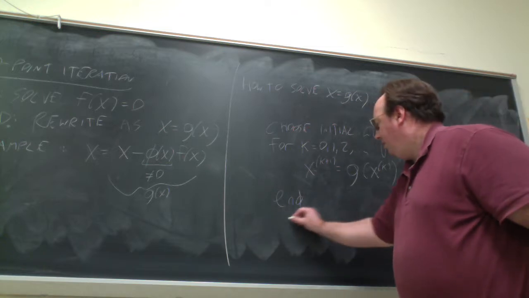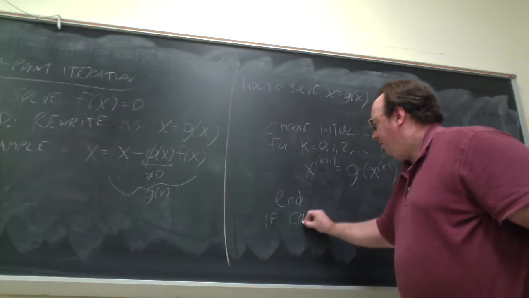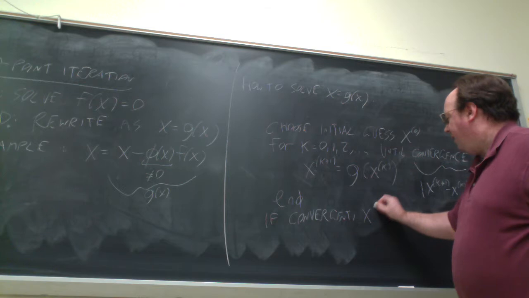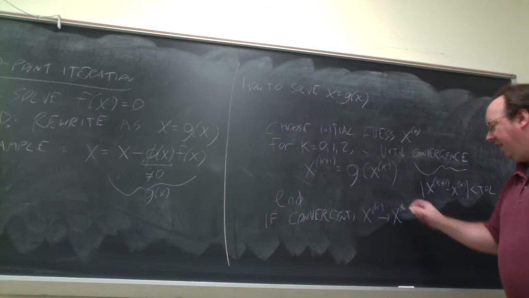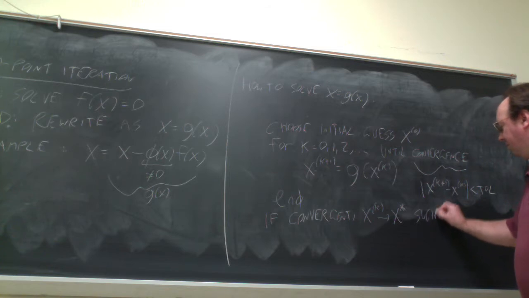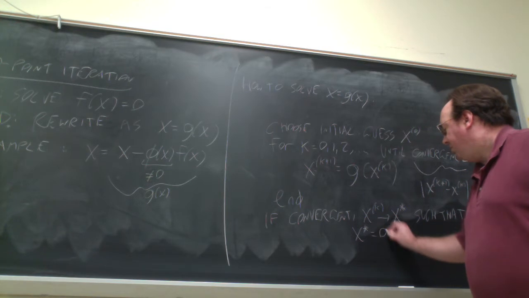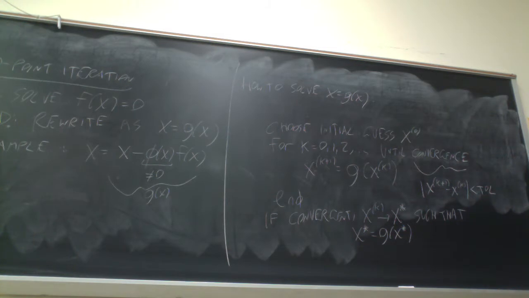So what we can say here is, if this algorithm is convergent, then xk is converging to a limit which, as I have been doing, I'll call x star, such that x star is equal to g of x star. So a point like this, you can plug into g and the output is the same as your input.